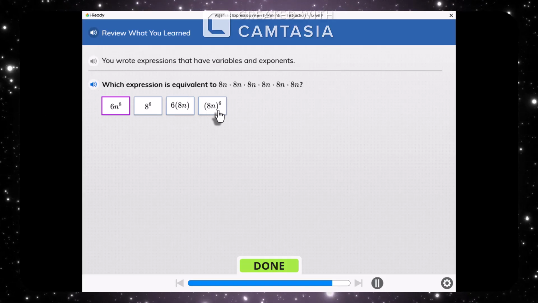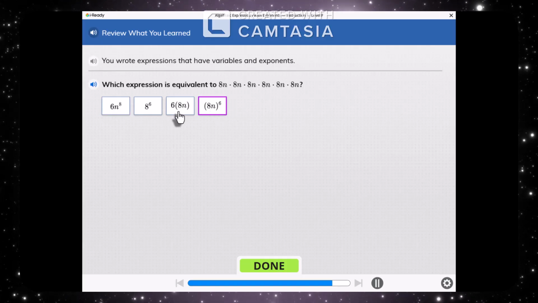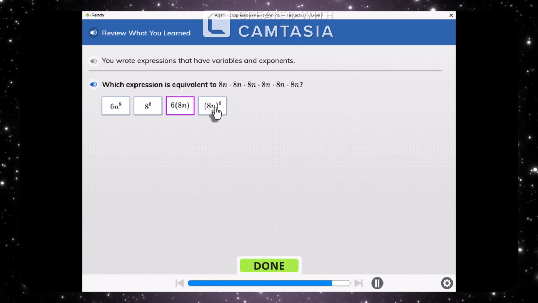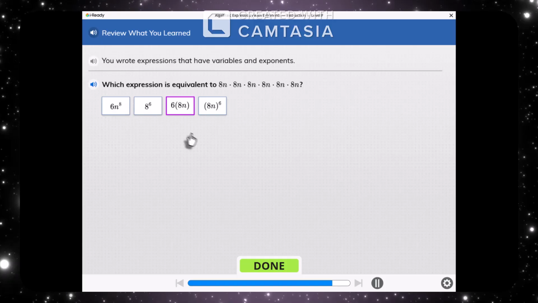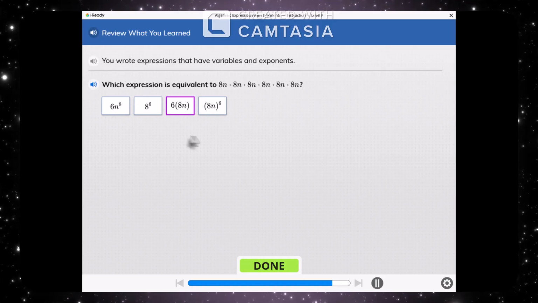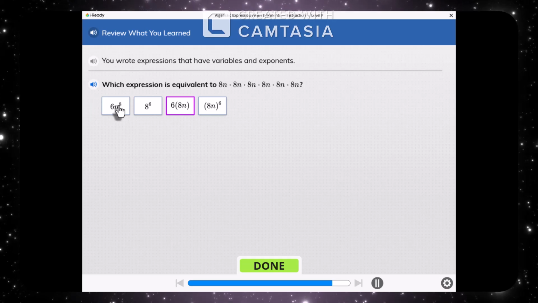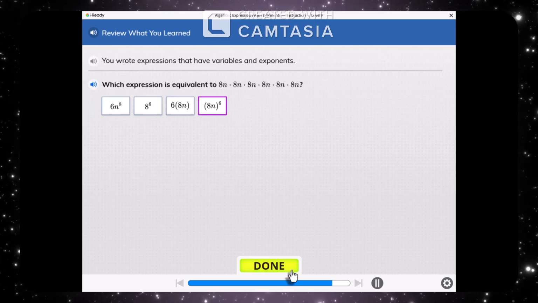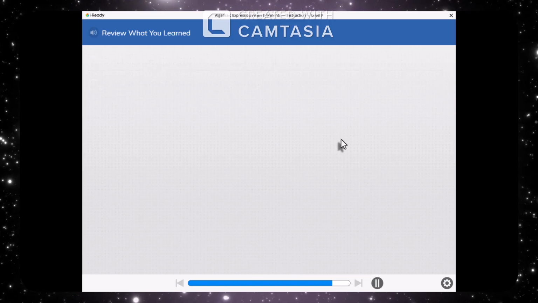Well, it has to have an exponent, so it cannot be this one. That's crossed off. 8 6 doesn't make sense, so that's crossed off. So now I am left with these two. 6 does not make sense because 6 is not used as a factor at all, so it has to be this one. Process of elimination.